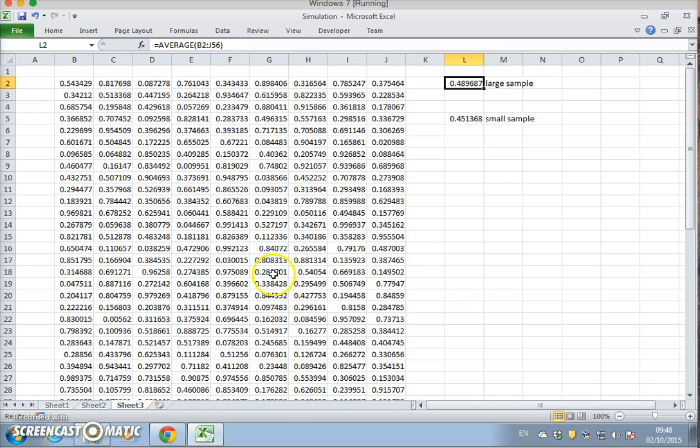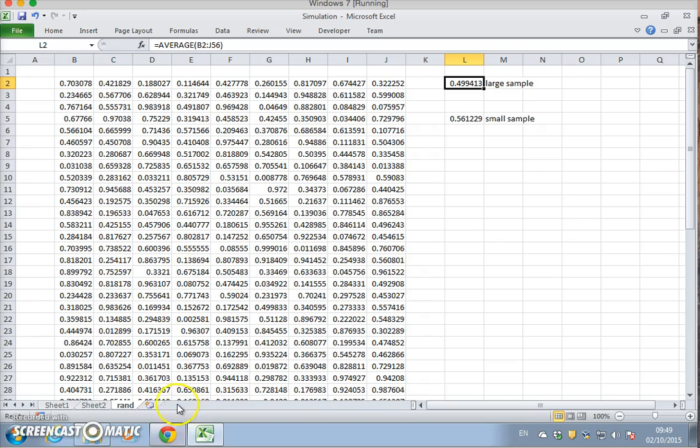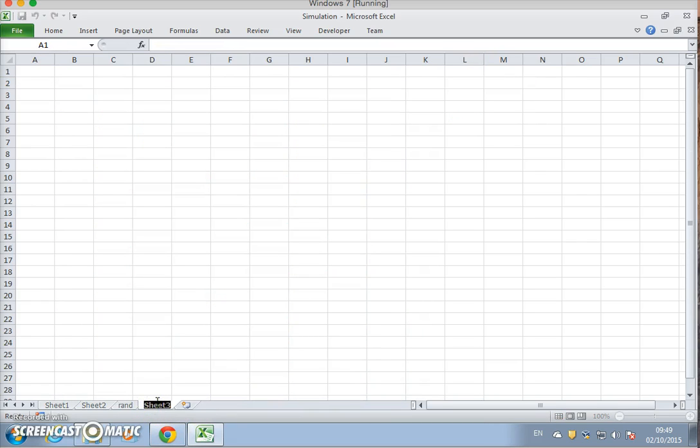To convert this random number into a normally distributed random number, we could use the NORM.S.INV function. So we could generate a random number.